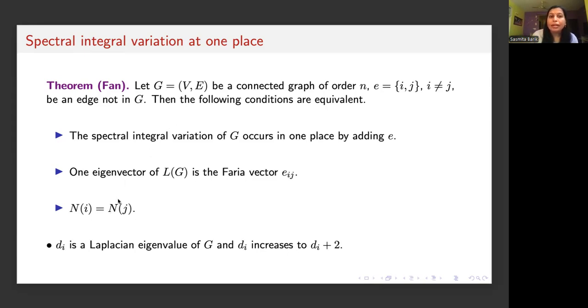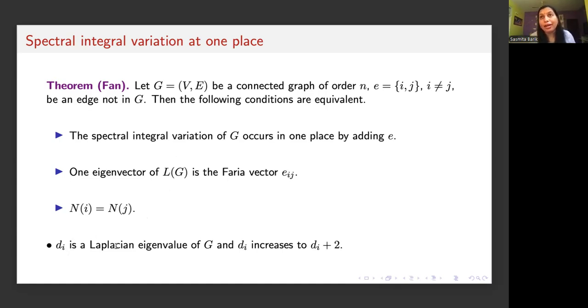In that case, the eigenvector you get is the Fourier vector, and the eigenvalue which is increasing is d_i, the degree of i, which is the same as the degree of j. That is one Laplacian eigenvalue of G, and when you add ij, this d_i increases to d_i plus 2, with the corresponding eigenvector being the Fourier vector. So all these three are equivalent.